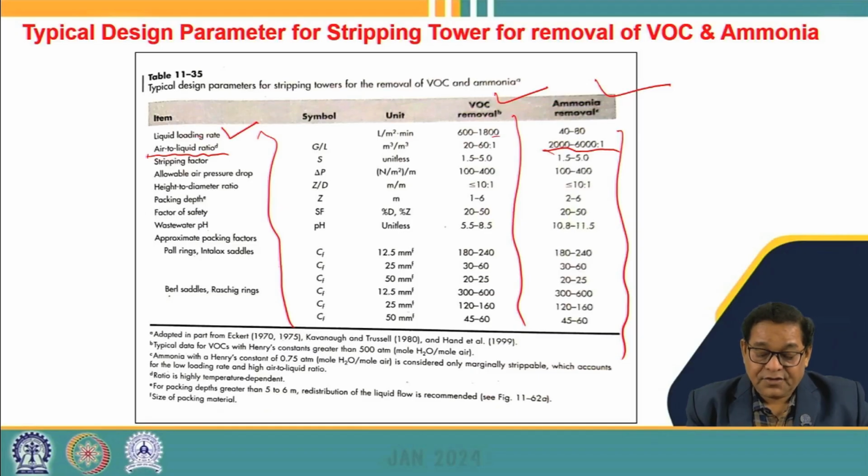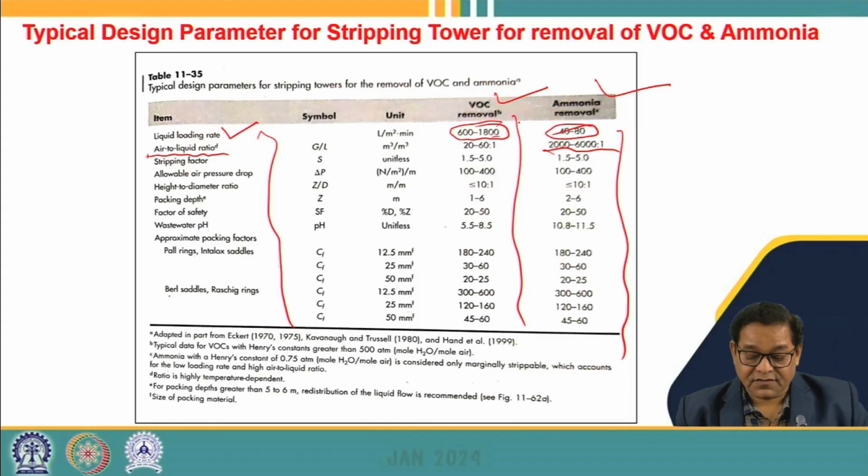Like the first parameter, liquid loading rate: for VOC removal the value is 600 to 1800, whereas for ammonia removal the value is very low, that is 40 to 80 liter per meter square per minute.